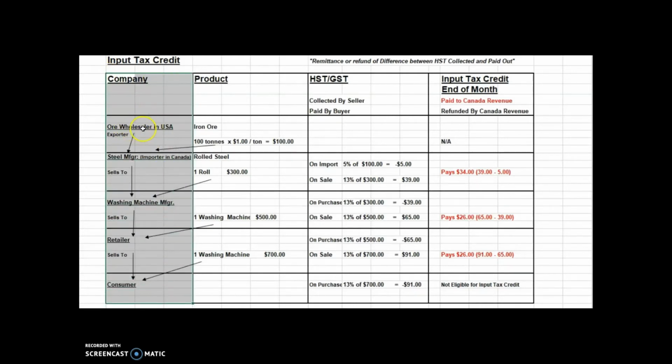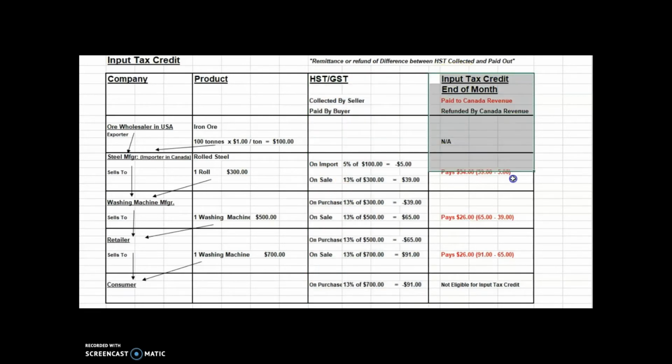We have an ore wholesaler in the United States, we have a steel manufacturer in Canada, a washing machine manufacturer in Canada, a retailer, and a consumer. These guys are you and me. This column is the product that they are making, selling, importing. And this is the HST or GST the company pays and collects in this month of January.